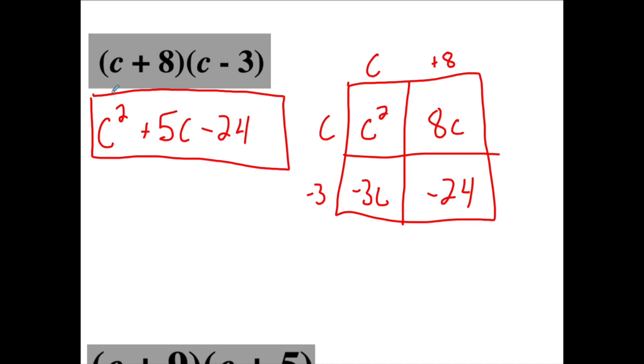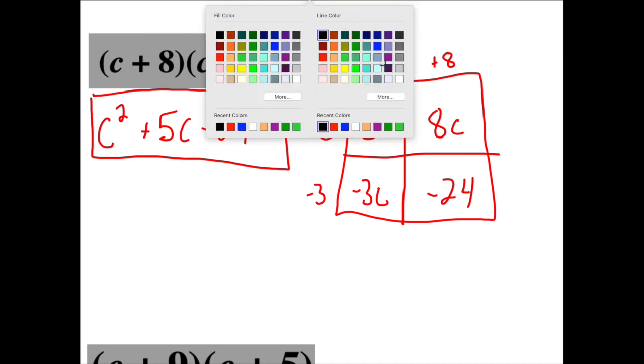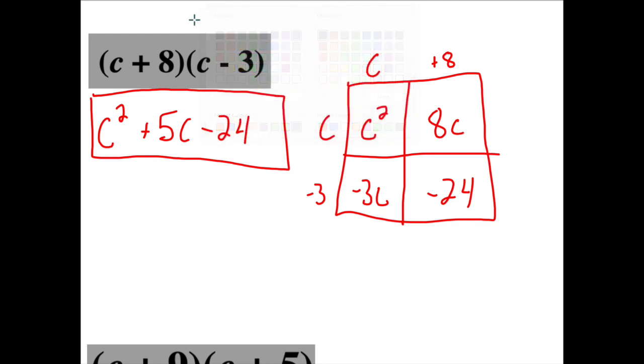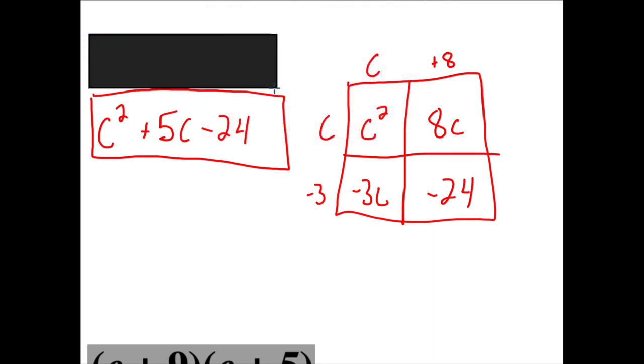Now again, notice some of these patterns. Observe how 8 minus 3 is 5, and 8 times negative 3 is negative 24. Imagine a situation, because this is where we're going to eventually go, where I don't know this unknown.